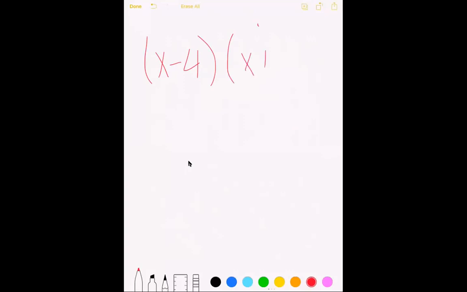Remember how we wrote factors like this? In order to get our zeros, what you're going to do is set each of these equal to 0. So I would have x minus 4 equals 0 and x plus 6 equals 0. And then you just solve them like normal.